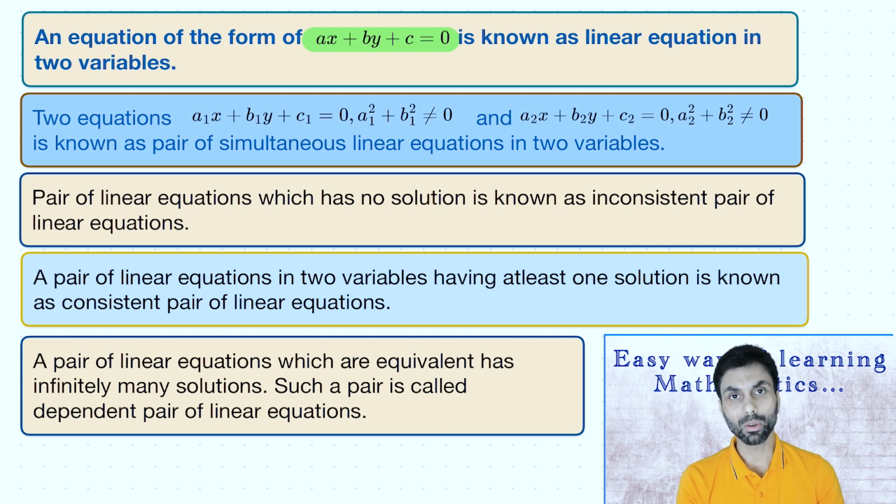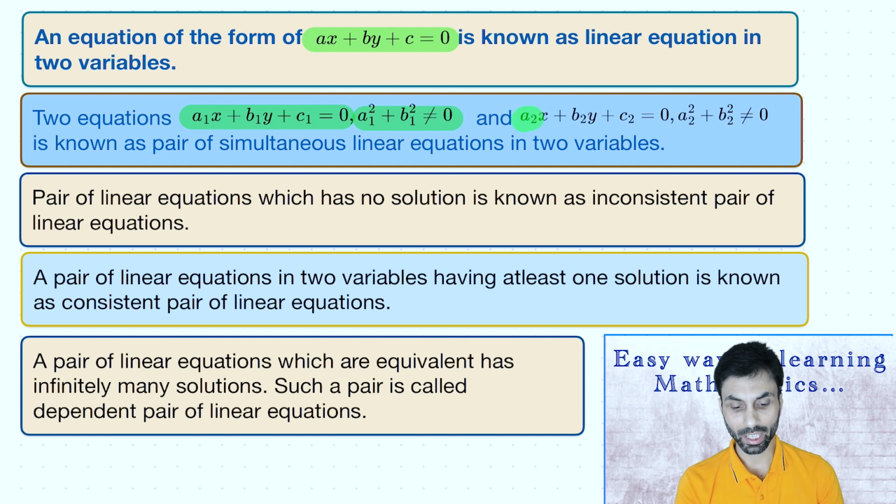Next, when we talk about a pair of equations, or we can also say a simultaneous system of equations, we'll be talking about two equations. The first is a1x plus b1y plus c1 equals 0, where a1 square plus b1 square should not be equal to 0. That means at any point of time a1 and b1 both should not be equal to 0.